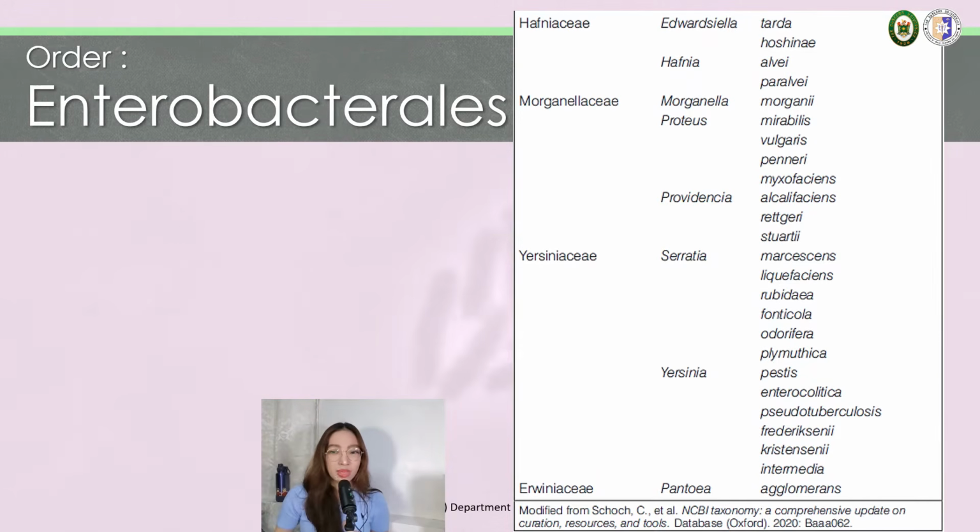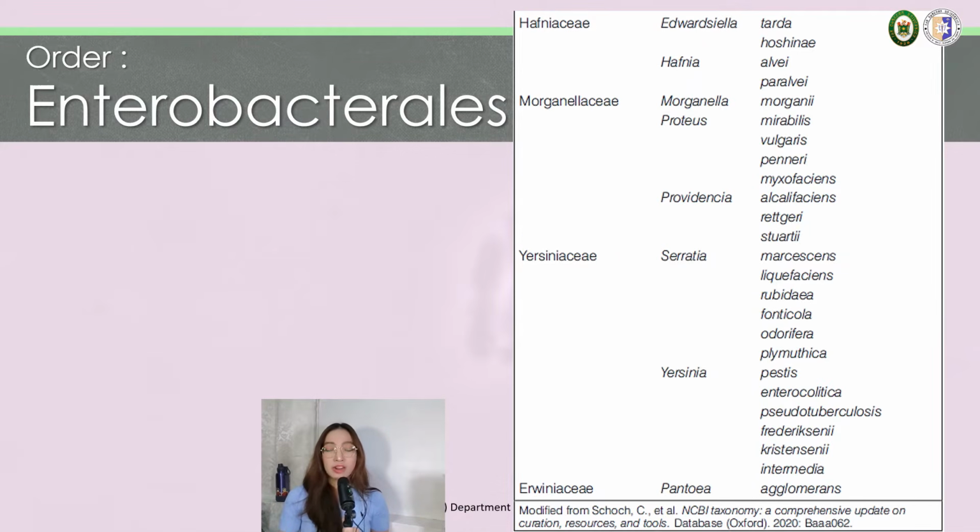Maybe you might be able to find in older editions of our reference textbook na ang title po ng chapter na ito noon ay Enterobacteriaceae. Pero ayun nga po, may mga bacterial genera na na-reclassify into a different family. So instead of having just one family, which is Enterobacteriaceae, meron na siyang isang order na Enterobacterales, tapos there are multiple different families.